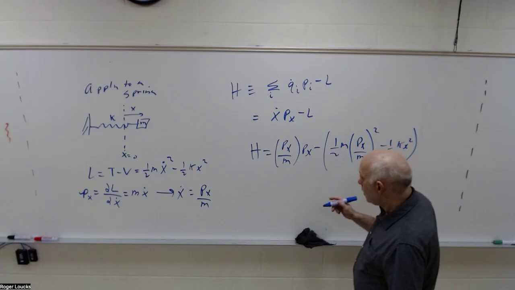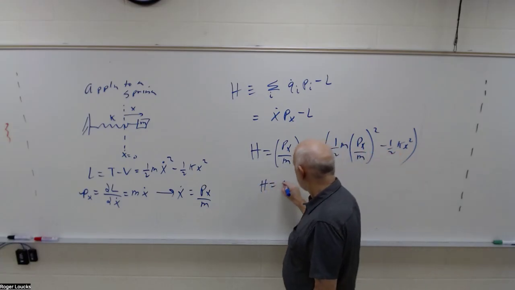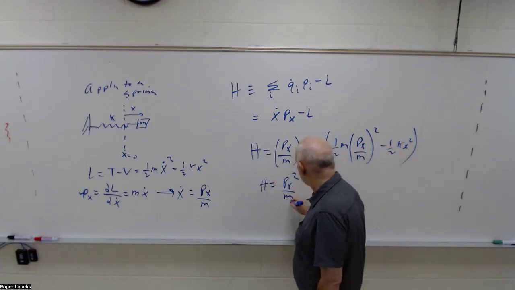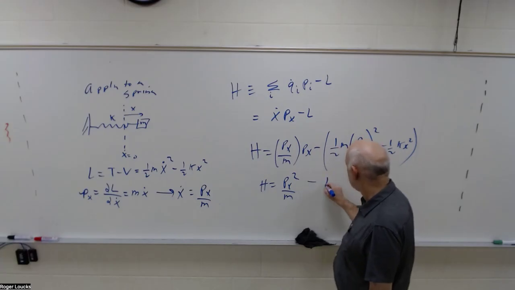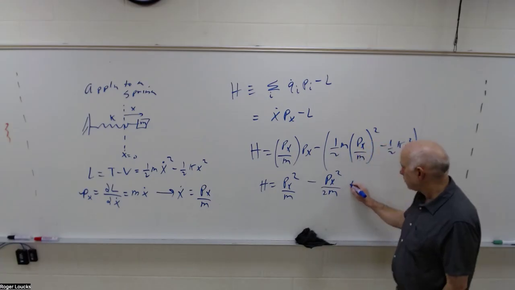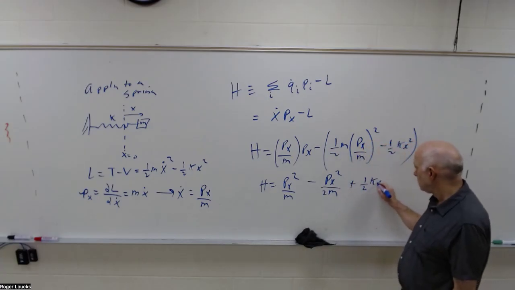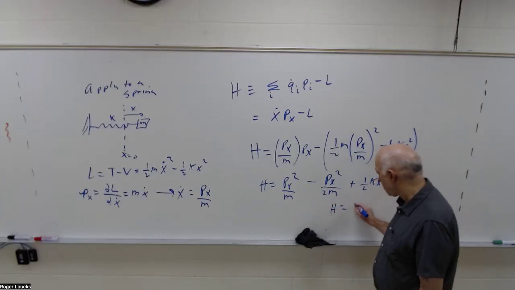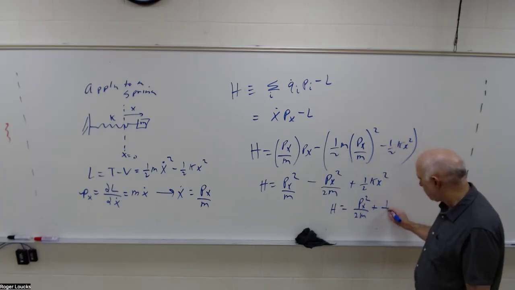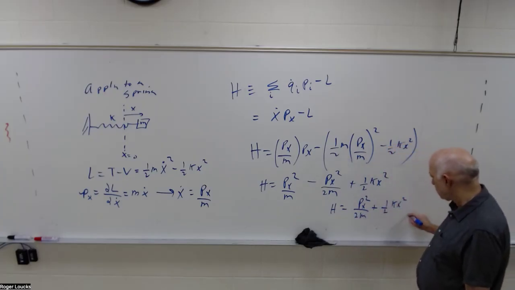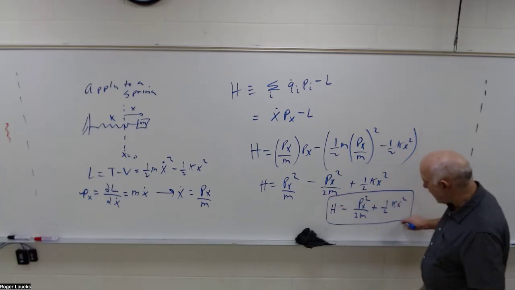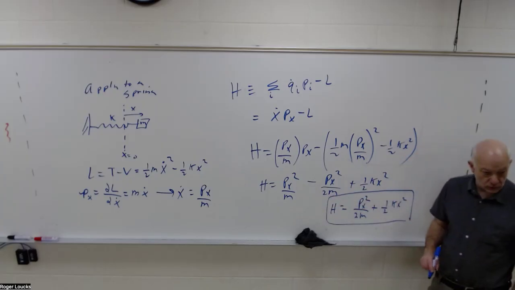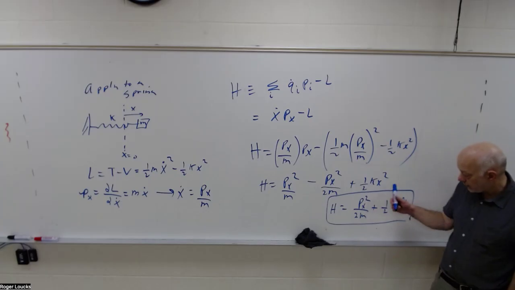So this gives us H equals px squared over m, minus px squared over 2m, and then plus 1/2 k x squared. This goes to px squared over 2m plus 1/2 k x squared. Boom. So that is what your Hamiltonian is going to be.